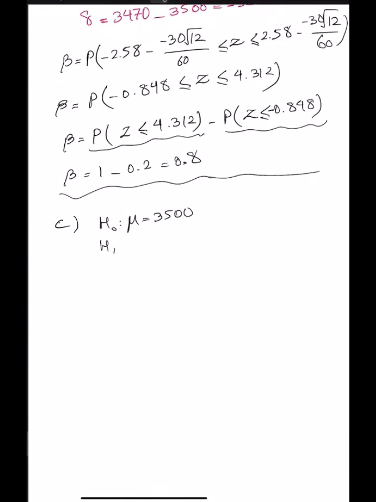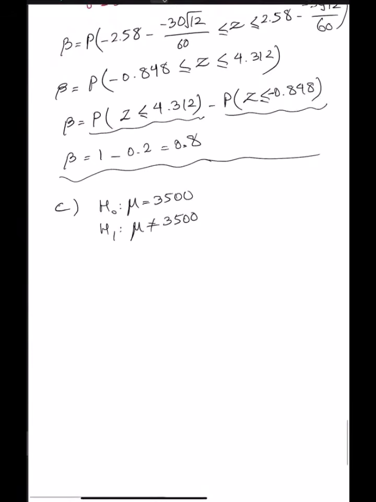Our alternative hypothesis, mu is not equal to 3500. It says that suppose we wanted to reject the null hypothesis, so the probability of rejecting the null hypothesis if the actual mu is 3470.